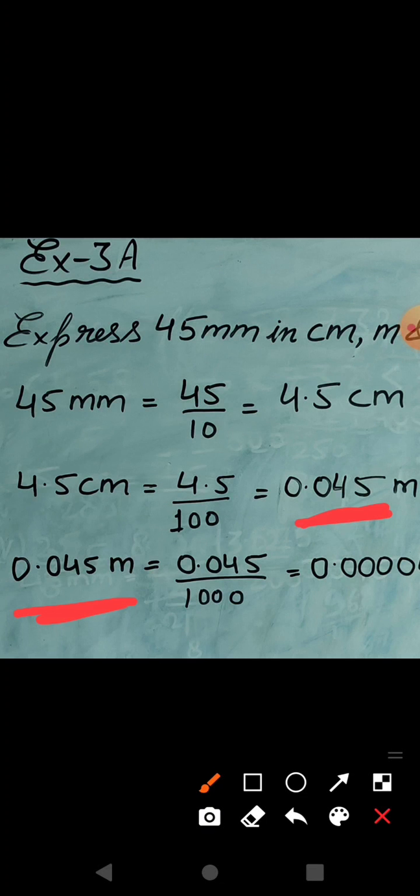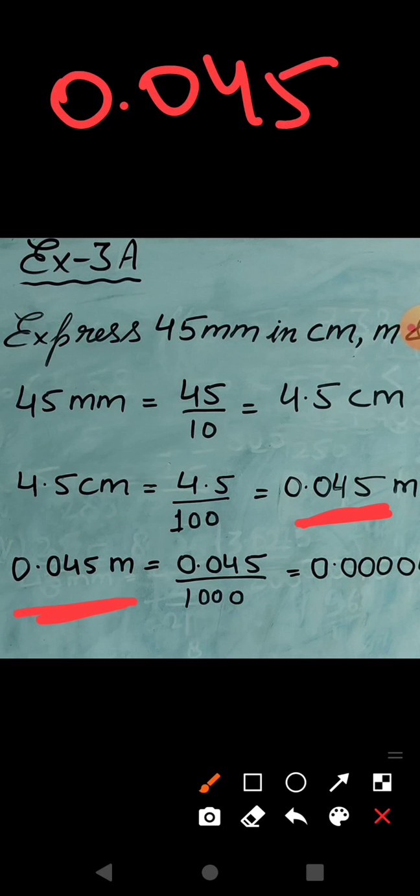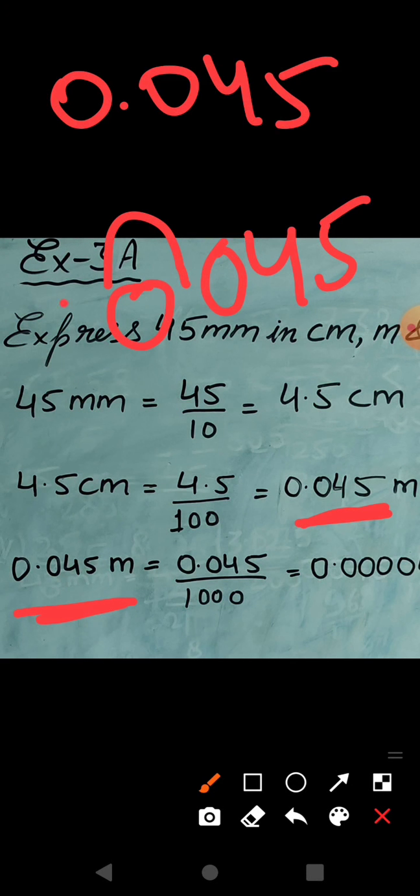Okay, so it was 0.045. Now we'll write it as it is. The decimal was there. Now it will move towards the left 3 places, so nothing is there, so one place means here, again 2 places, now 3 places. Now we'll put the decimal here. It was there, from here it is coming here, 3 places it is moving.